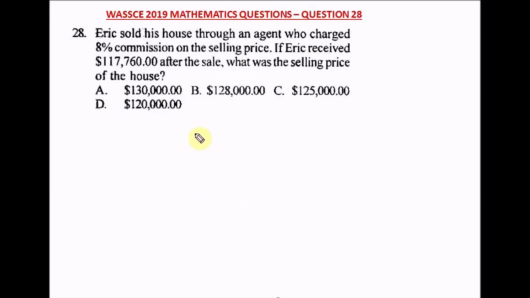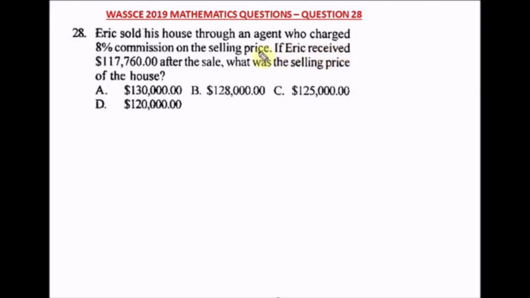Question 28 of the WAEC 2019 Mathematics Past Question. It says Eric sold his house through an agent who charged 8% commission on the selling price.